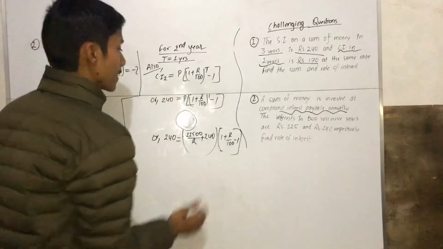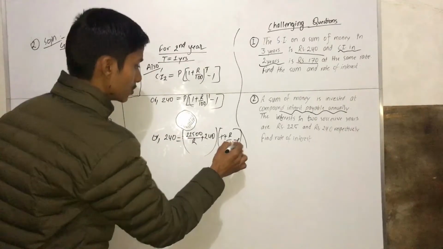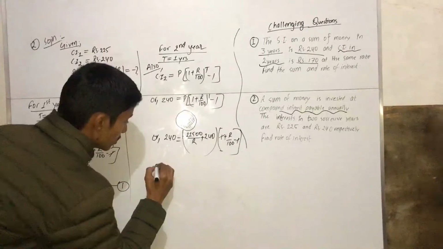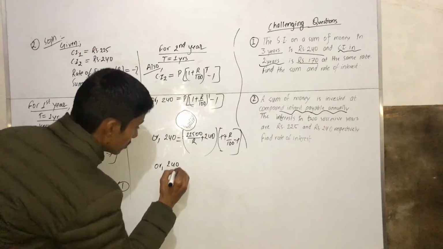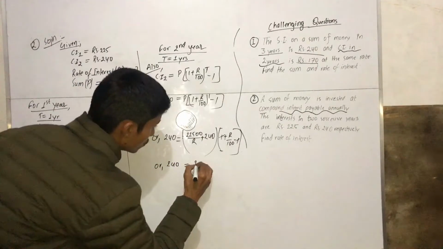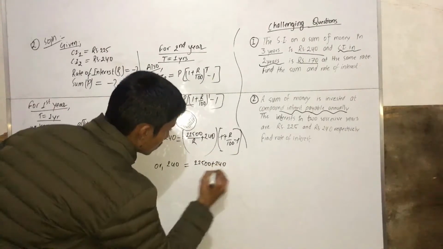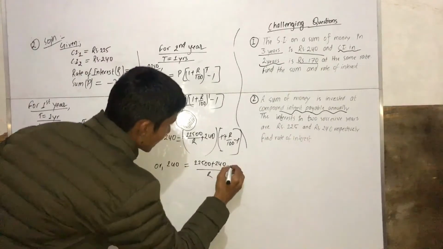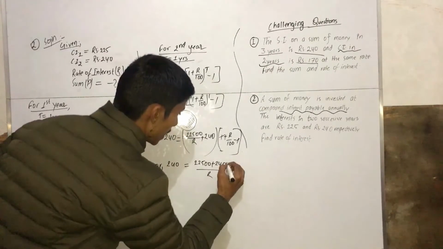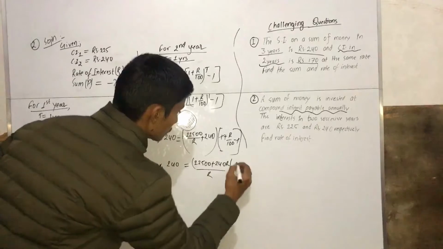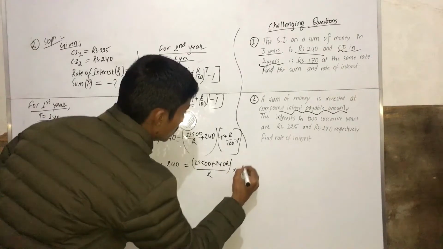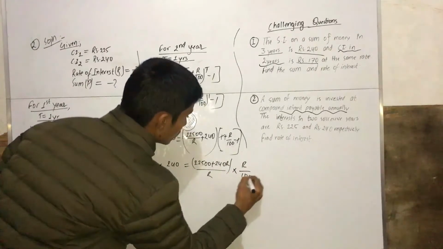There is power 1, so we can cancel this, and here we write 240 is equal to (22500 by R plus 240) times R by 100.